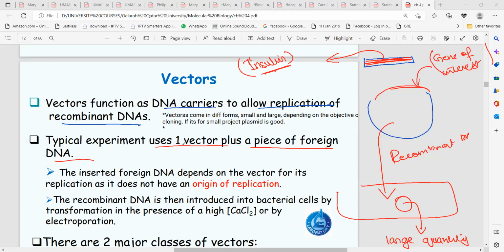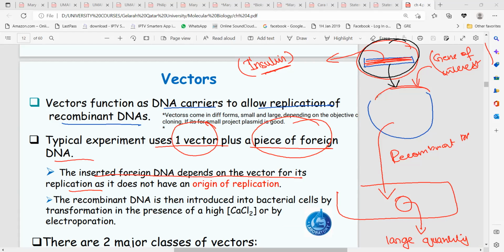So a typical experiment uses one vector plus a foreign piece of DNA. The inserted foreign DNA depends on the vector for its replication. This is why we are not adding this directly to the required person: we are going to use it multiple times, and to produce multiple copies we need to insert it into a vector.